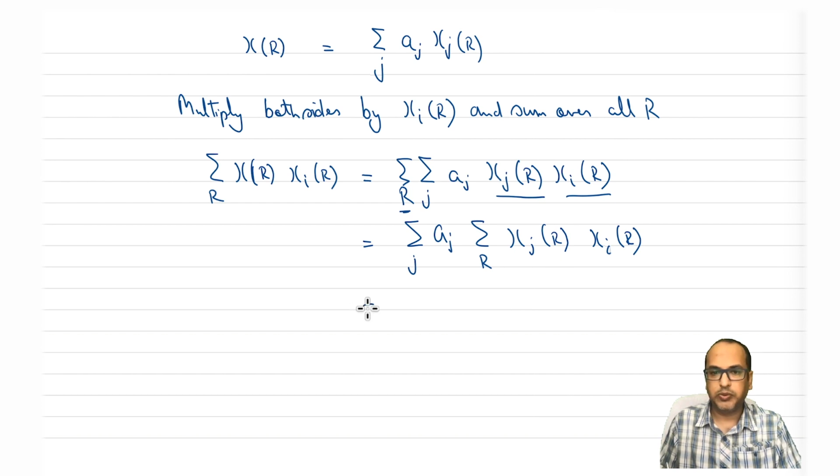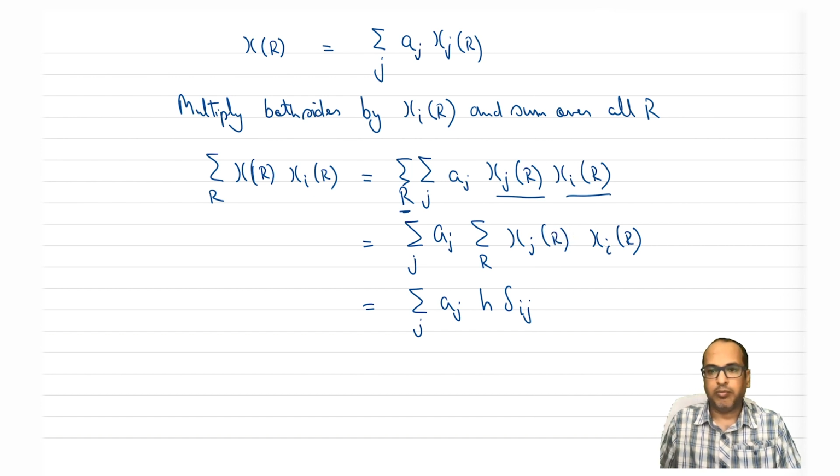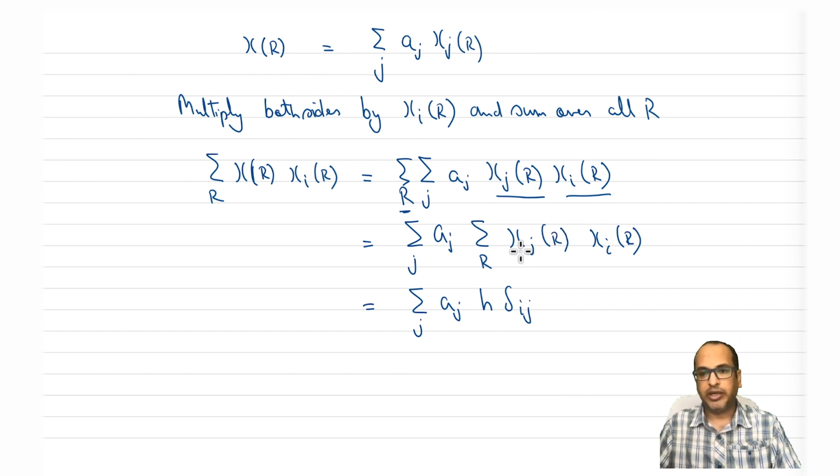This amounts to h delta Ij, right? The product of two characters for two different irreducible representations under a given symmetry operation, summed over all symmetry operations, gives you the order of the group multiplied by delta Ij, right?